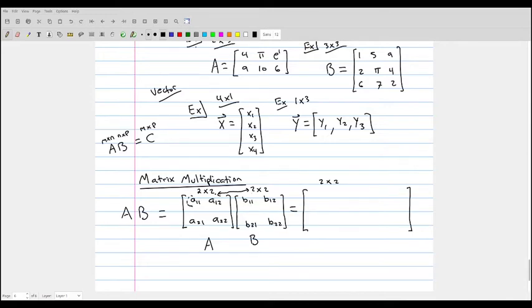So for instance, the 1, 1 entry in the matrix multiplication of A and B is going to be A11 times B11 plus A12 times B21.